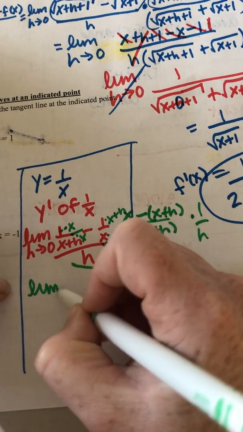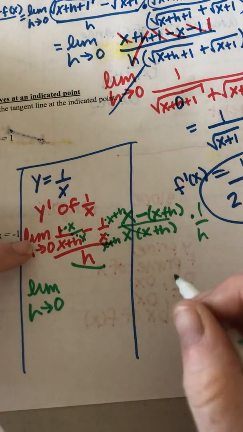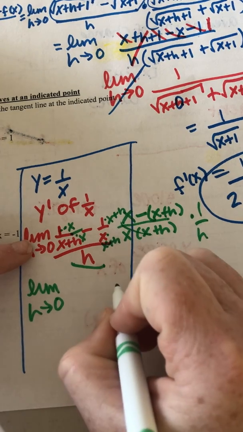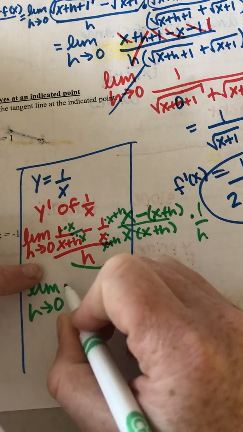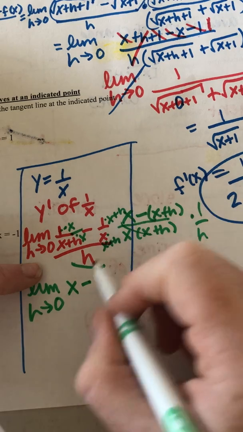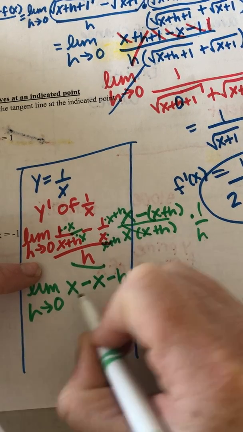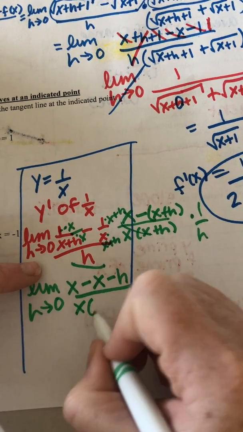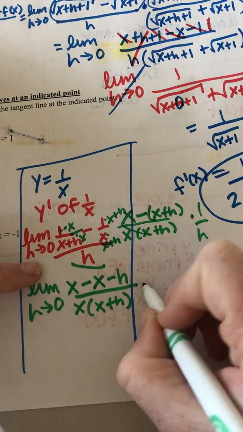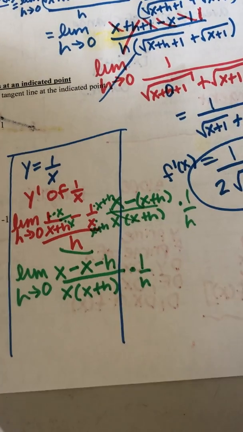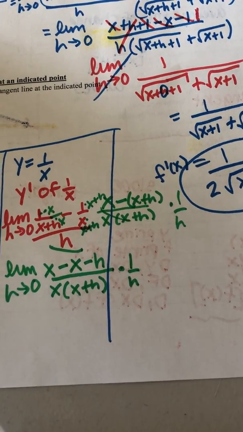So the limit as h approaches 0 of negative h all over x times x plus h times 1 over h. That's where we're at here.